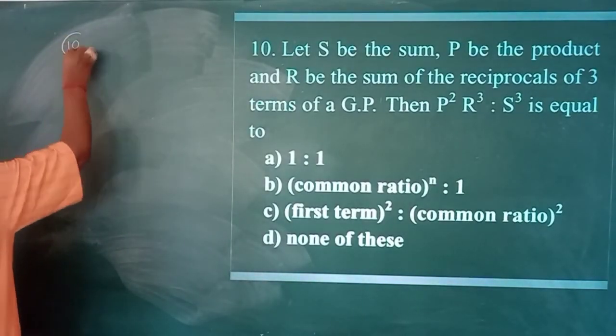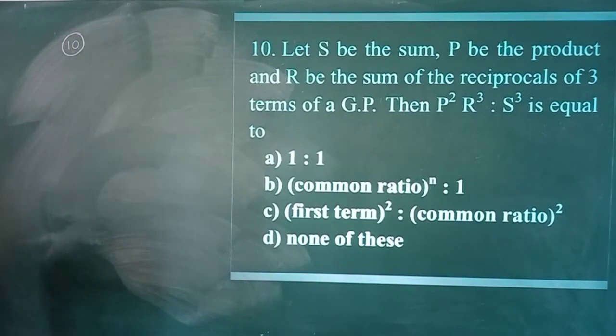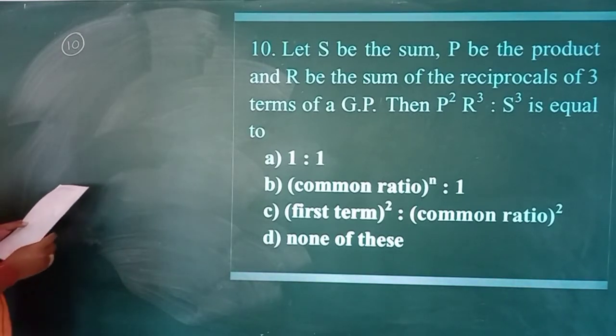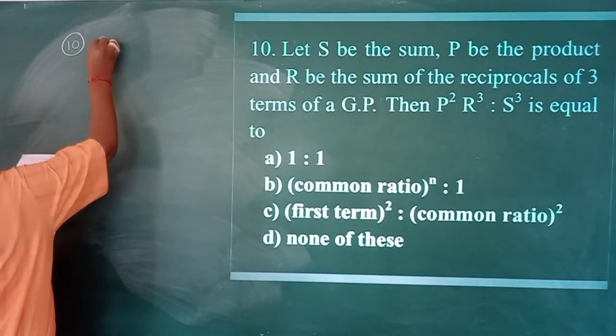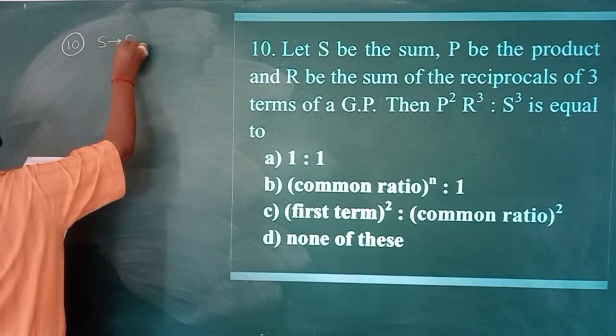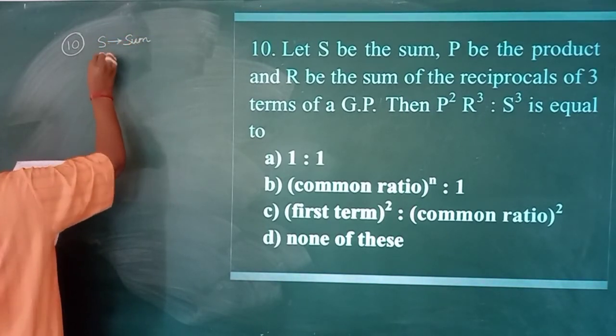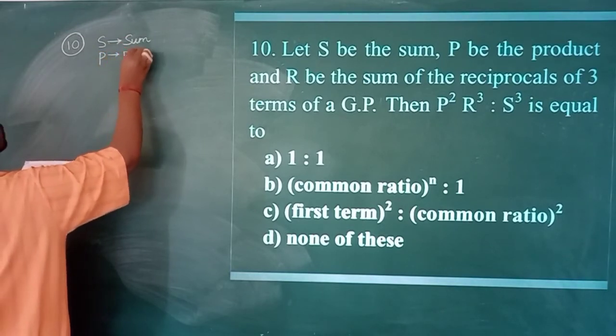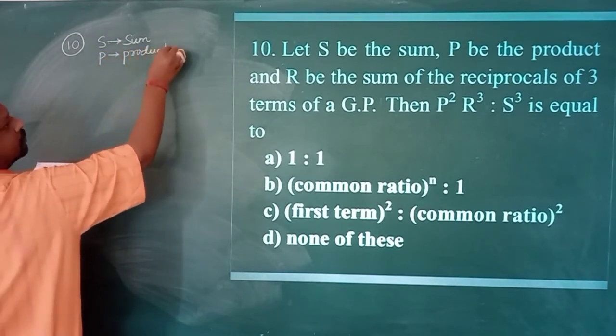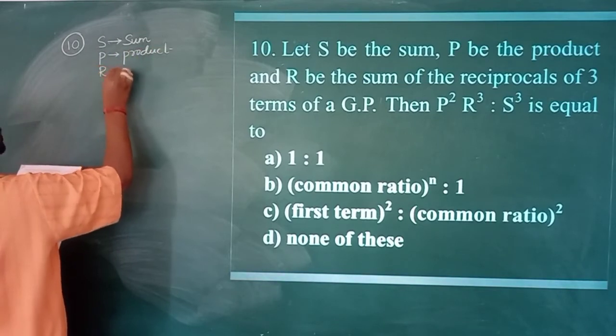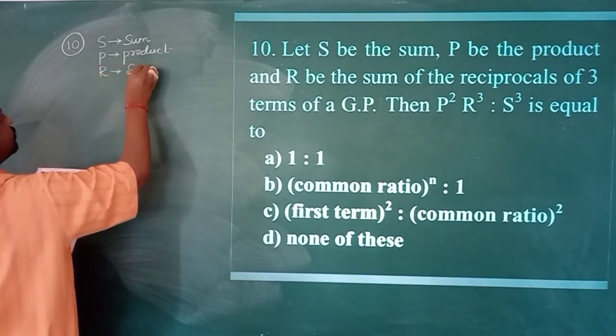Tenth one. So this is a standard result. Here S is the sum and P is the product, R is the sum of the reciprocals.